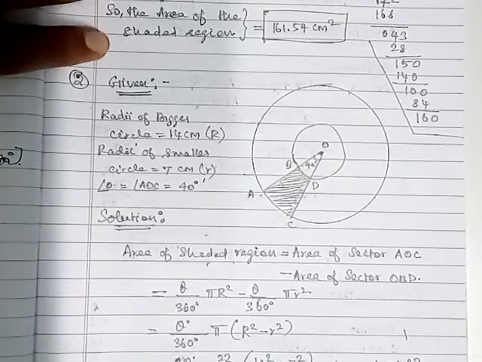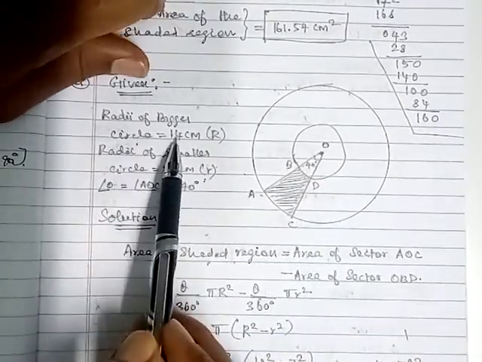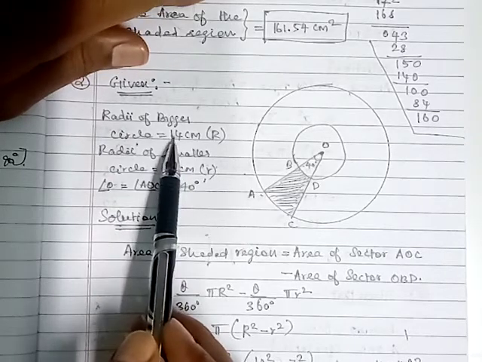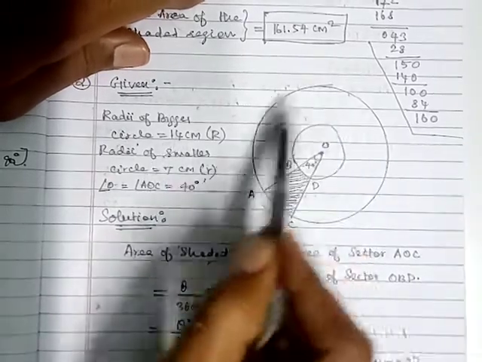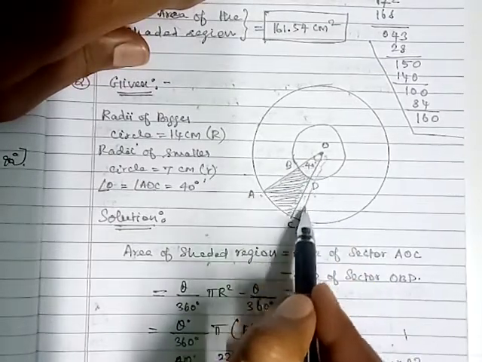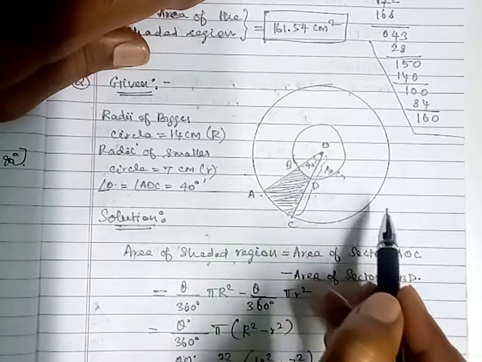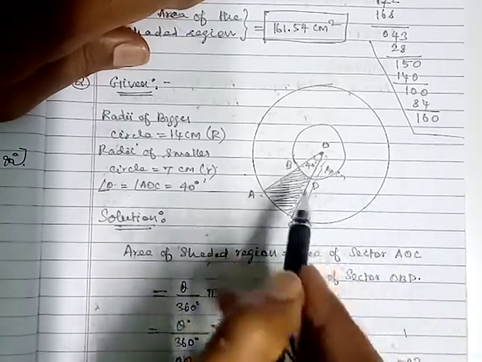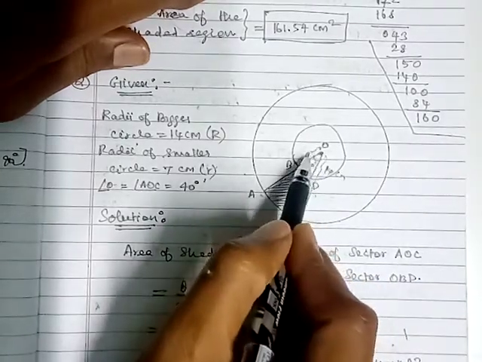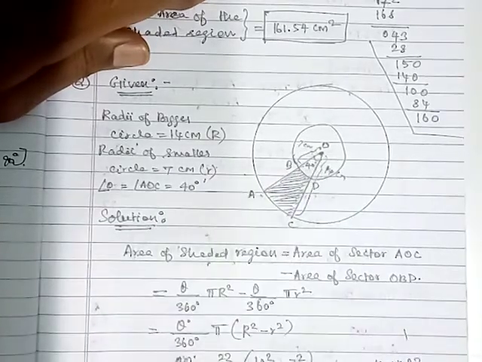Now the radius of the bigger circle is given as 14 centimeter, and the radius of the smaller circle is 7 centimeter.